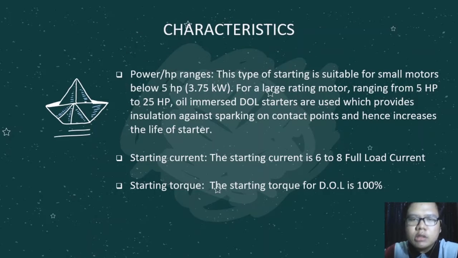We go through the characteristics of DOL. For the power or HP range, this type of starting is suitable for small motors below 5 HP, 3.75 kW.